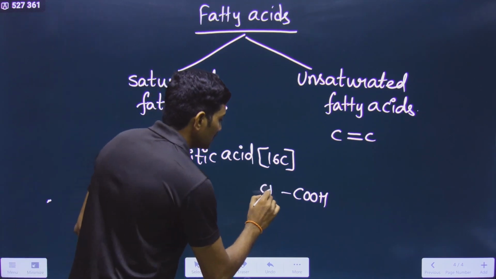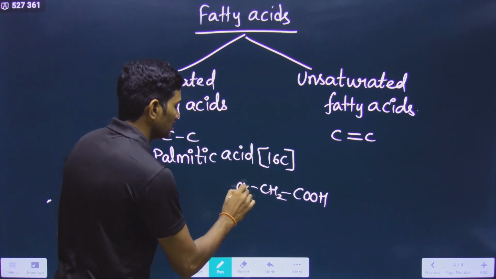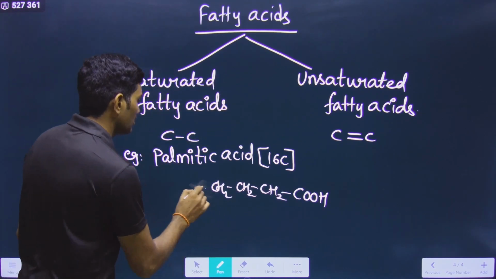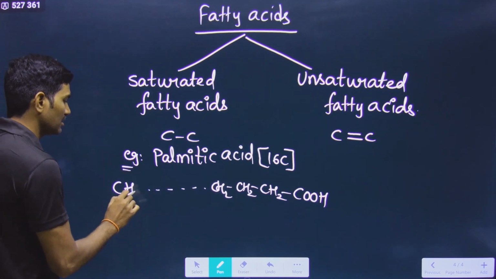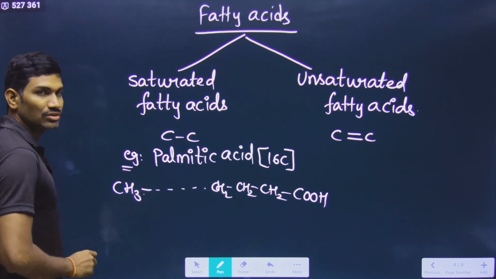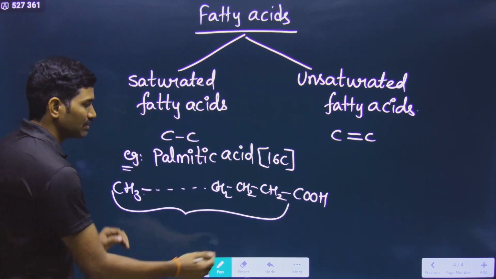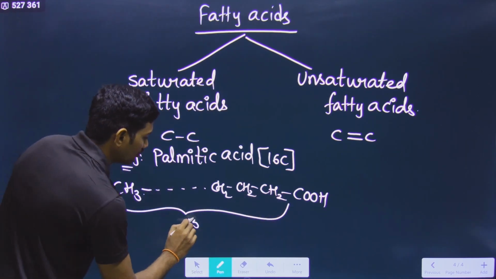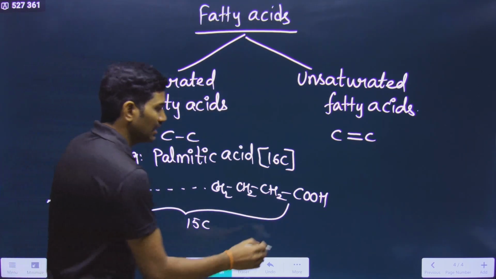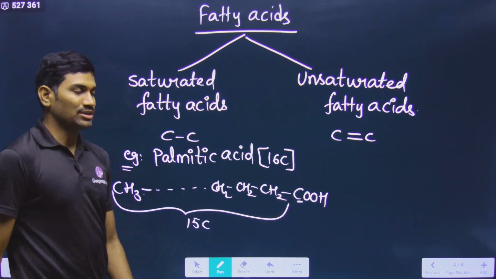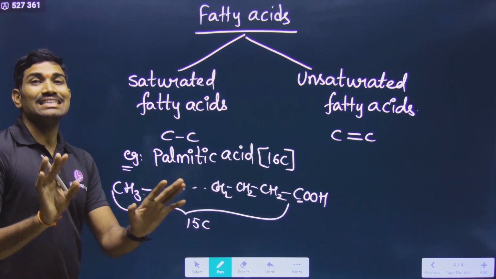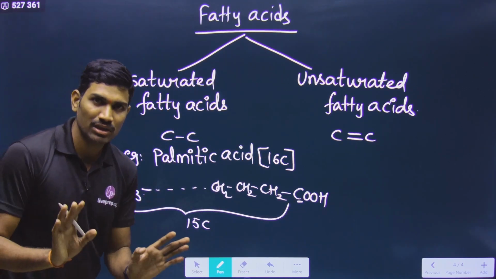The next part is saturated, so it is completely CH2, CH2, CH2, CH2, like this, ending with CH3. Understood or not? And from here to here, how many carbons are present in the R group? In the R group, 15 carbons are present. And in the COOH, 1 carbon is present. So in total, 16 carbons are present. Understood or not?